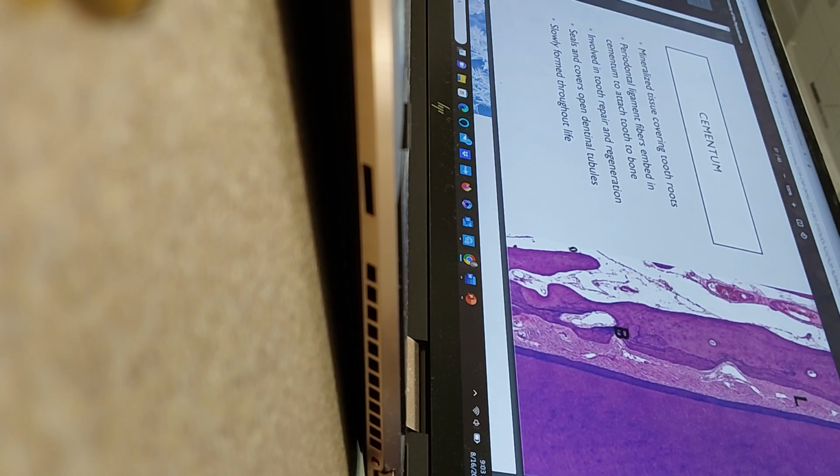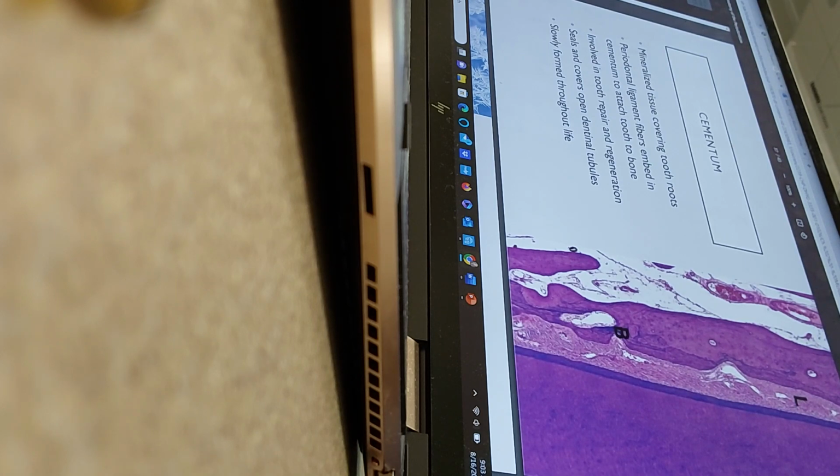So this blue line is cementum. This is thin. So cementum is not super thick, right? It's a thin layer that's here. So if this is cementum, what's this, right next to it? Somebody said it, say it louder.